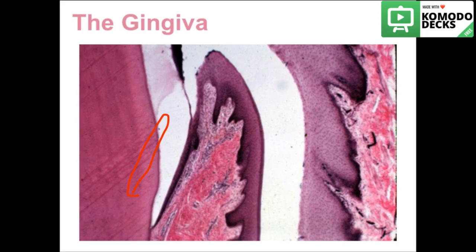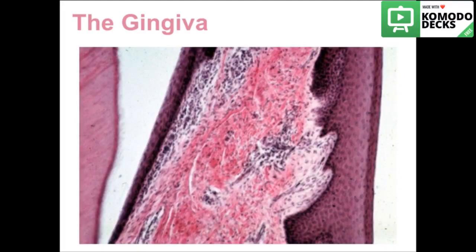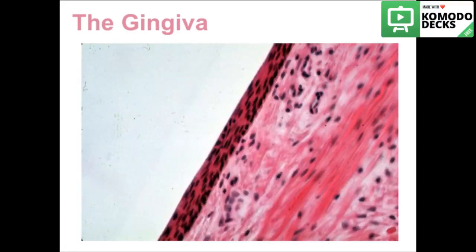Again, the junctional epithelium. Here is a closer look to the gingival epithelium opposed by the junctional epithelium. This is a section of the junctional epithelium because we see a very thin epithelium which has flat surface, no undulations, made up of multiple 5 to 6 layers.